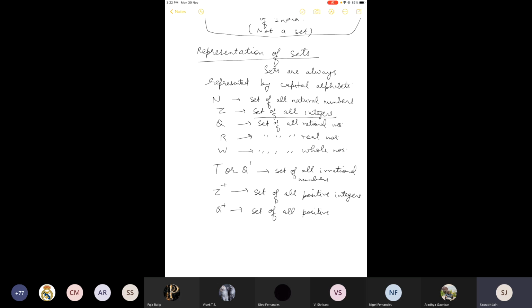Can anyone tell me which are the two sets that are actually identical in this particular list?